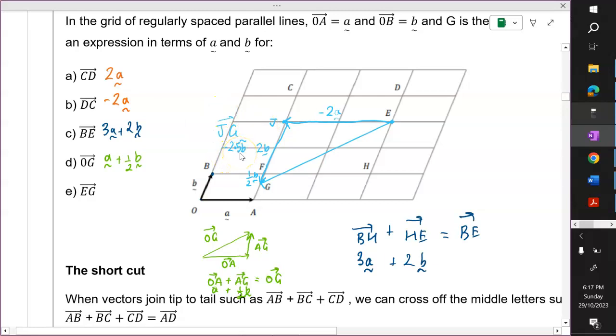So our vector EJ is minus 2A, and our vector JG is minus 2.5B, which I might write as 5 over 2.